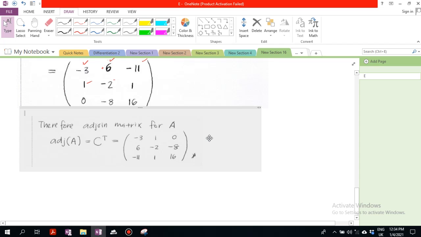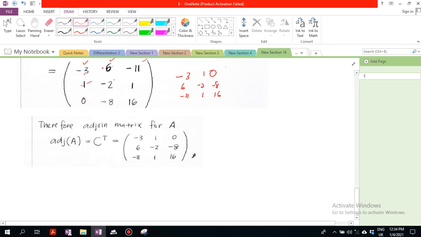So the row becomes column, column becomes row. So here is -1 3 2, 1 1 0, so it becomes -3 1 0. Then 6 2 8 will become 6 -2 -8, then -11 1 16. So you transpose this one, so you will get the adjoint matrix of A, or the transpose of cofactor. Okay. This is for adjoint or transpose cofactor.